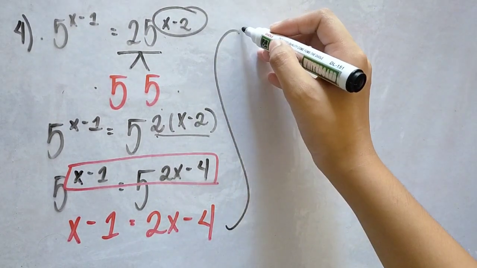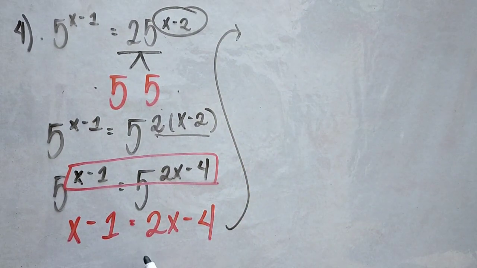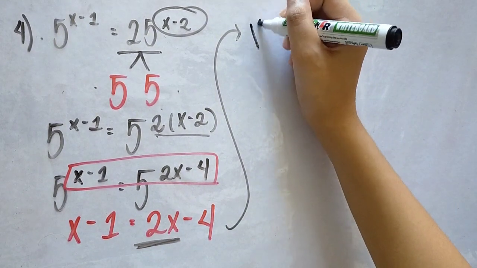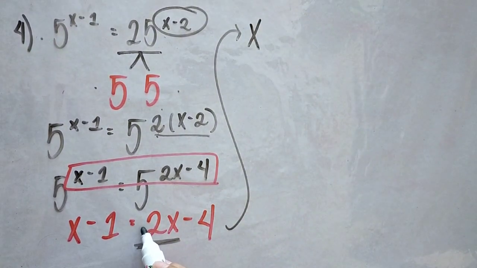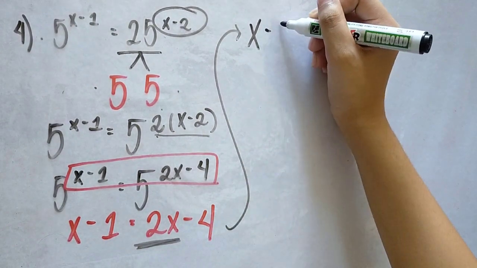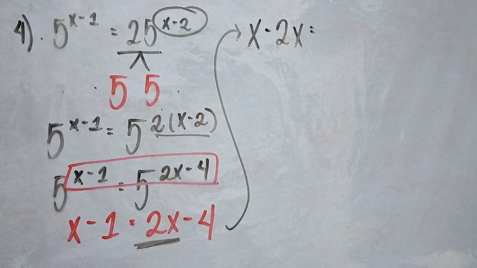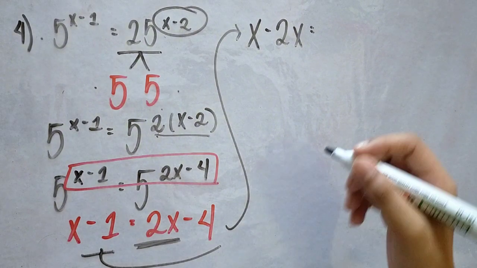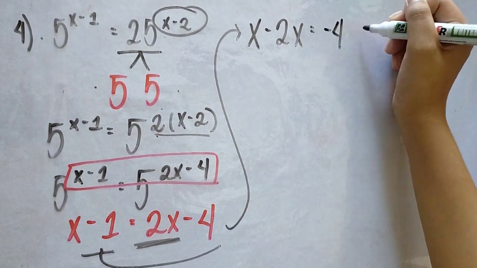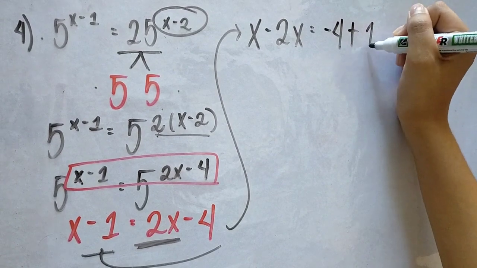Dito na natin siya ilagay. So, ililipat natin tong 2x. Since this one is positive, magiging negative siya. And itong negative 1, pag nilipat natin sa kabila, magiging positive na rin. So, negative 4 plus 1.